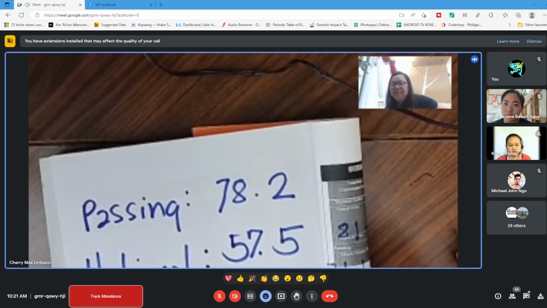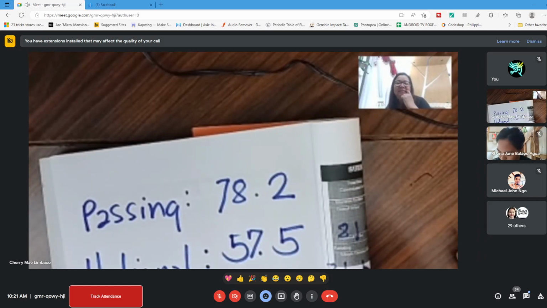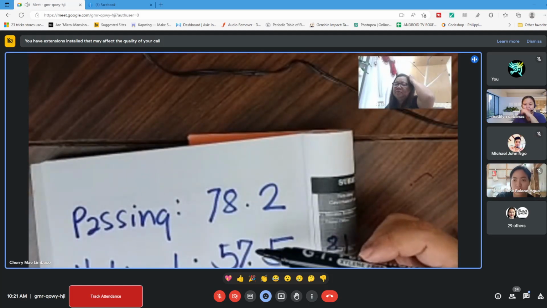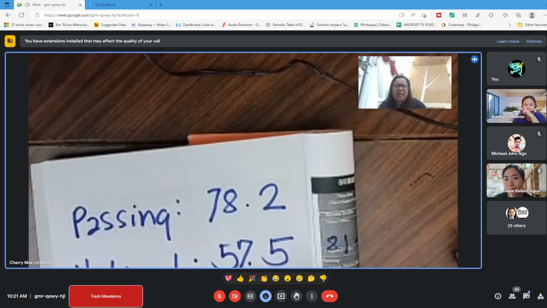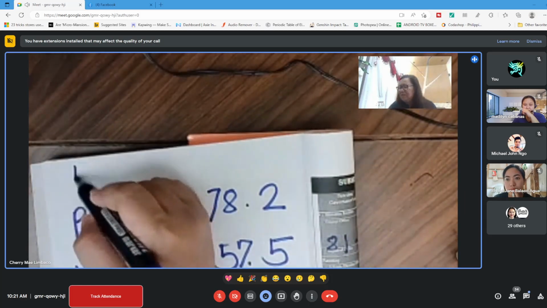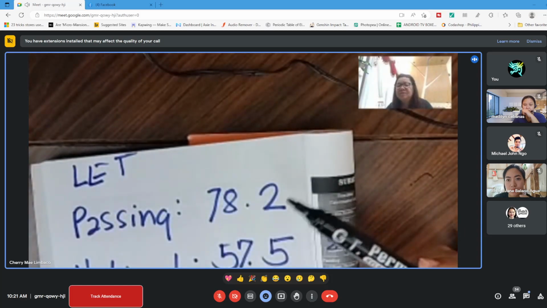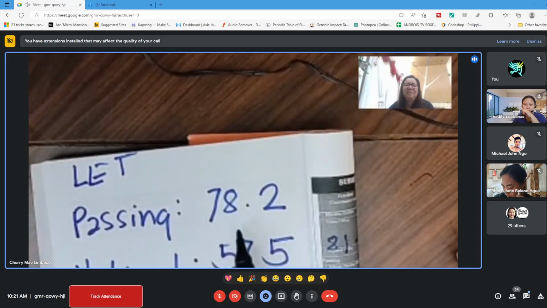Why, Madeline? Doc, this is the posting in a school in a very big tarpaulin: the licensure examination for teachers. The school says our passing is 78.2, the national passing is 57.5.